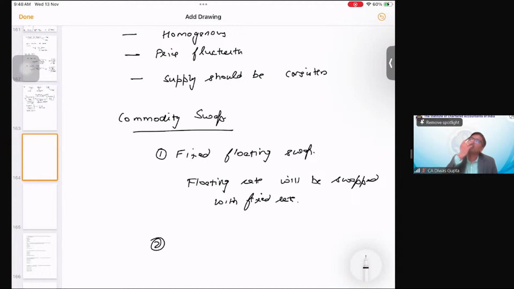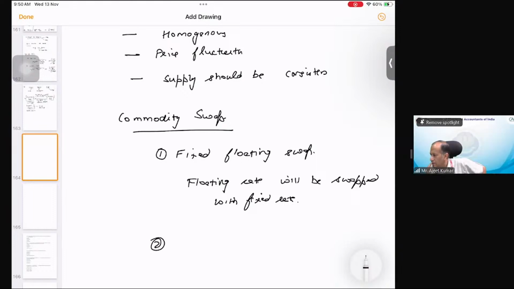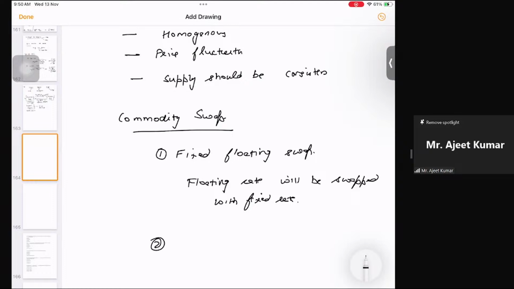In November, the last class showed only the 13th. We'll check and resolve the issue. Don't worry, classes are there.